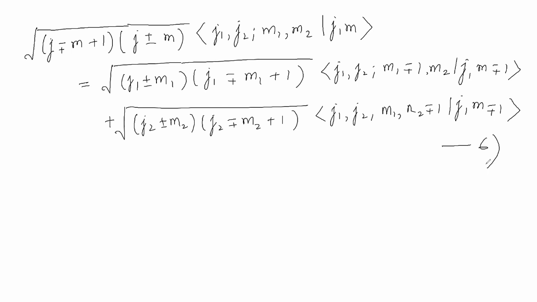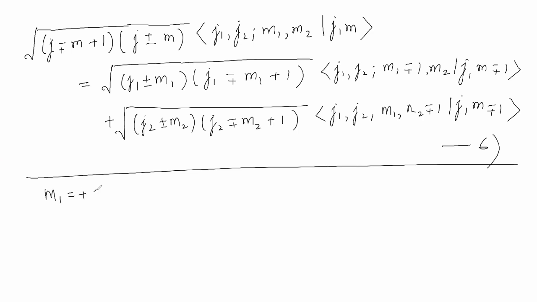For example, say my M1 is plus J1 and M is plus J. And look at the lower part of equation number 5.